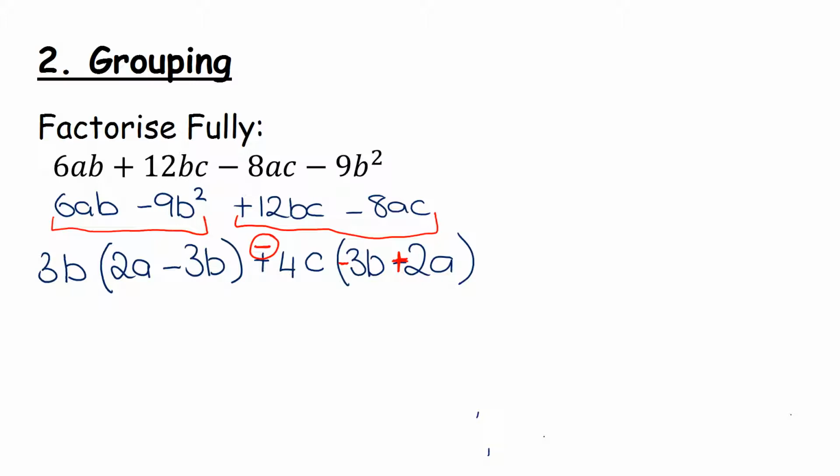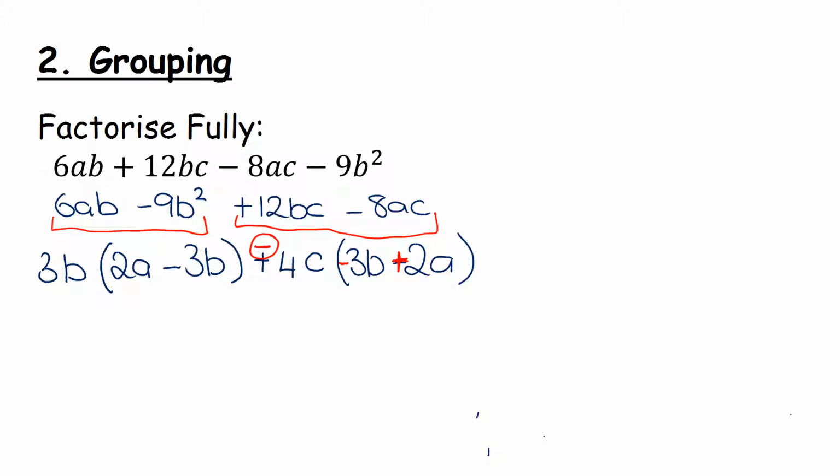So by changing this sign here, I've made my brackets match. Now, it's not a big problem for us that they're written in the wrong way, because if I have 2 plus 3, it's the same as 3 plus 2. So order isn't necessarily important to us. However, the signs are important.